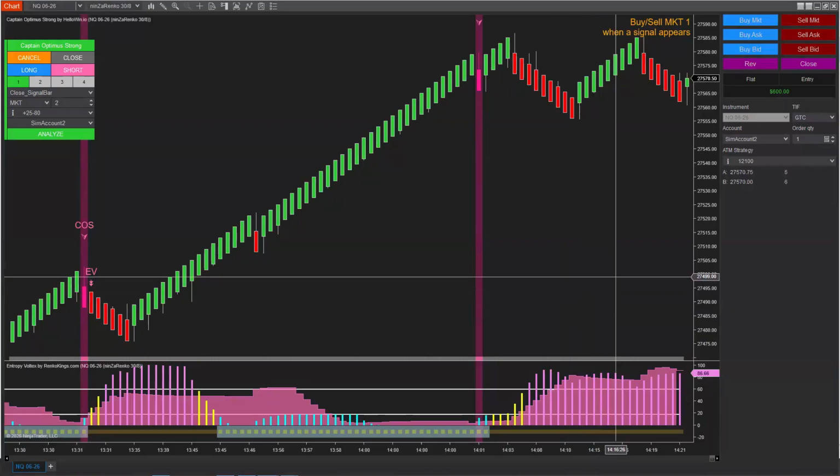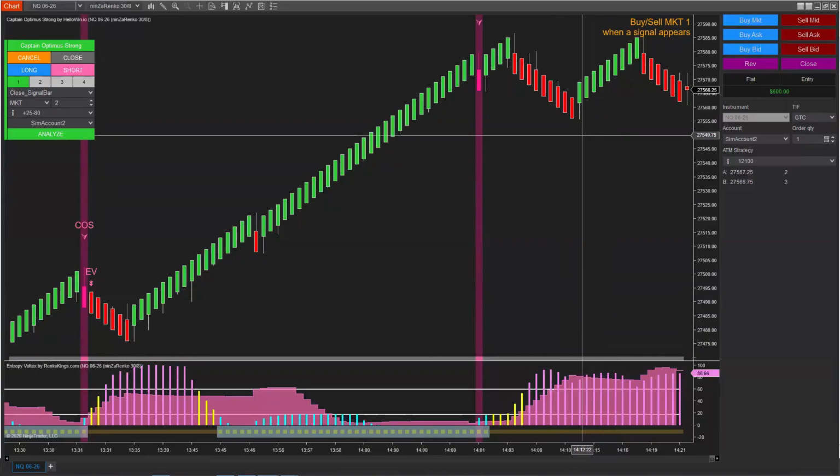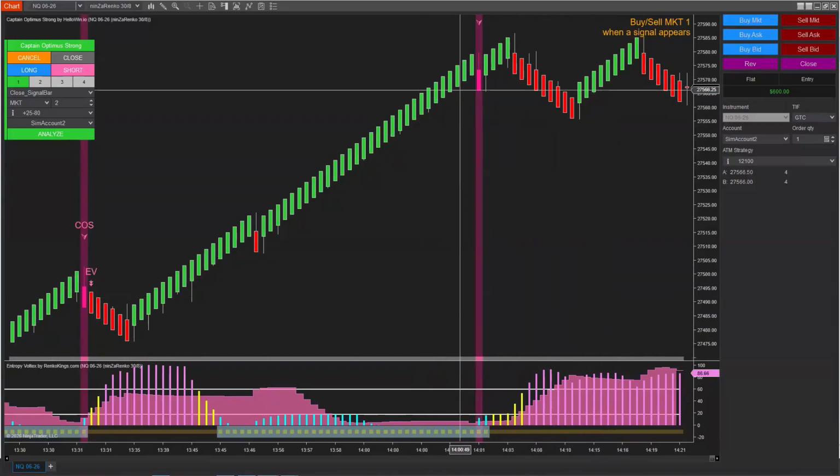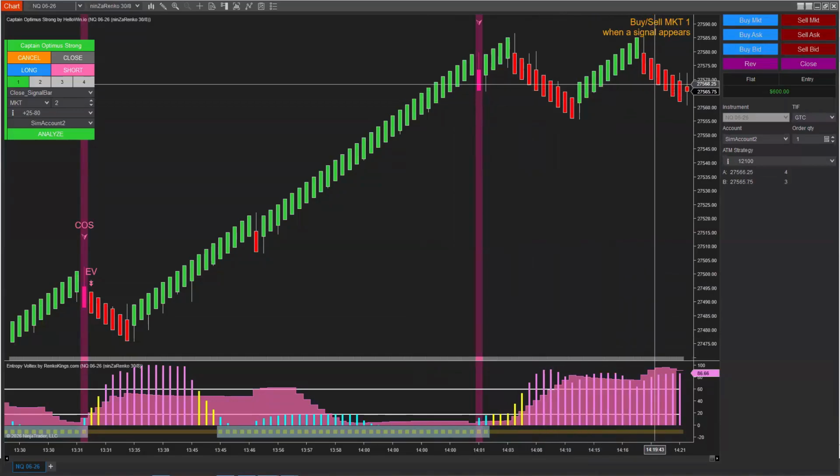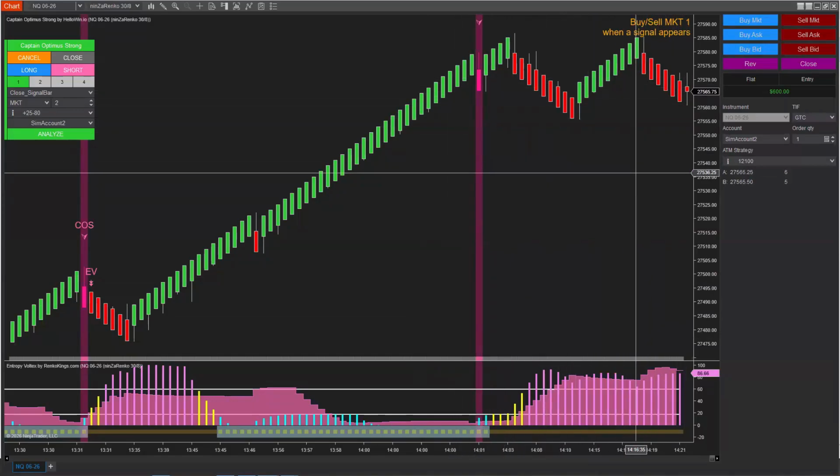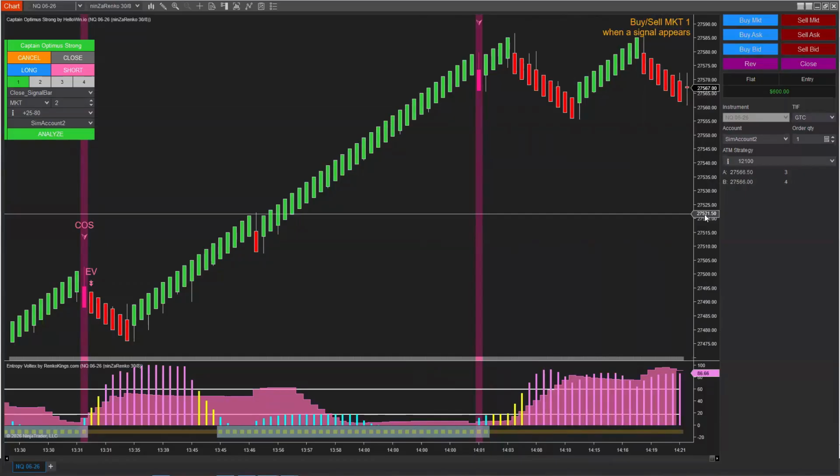And I don't know if it will fire a signal. But again, it's just something that helps. Through this chop, there's really no signal here other than this one. But it's very slow now.